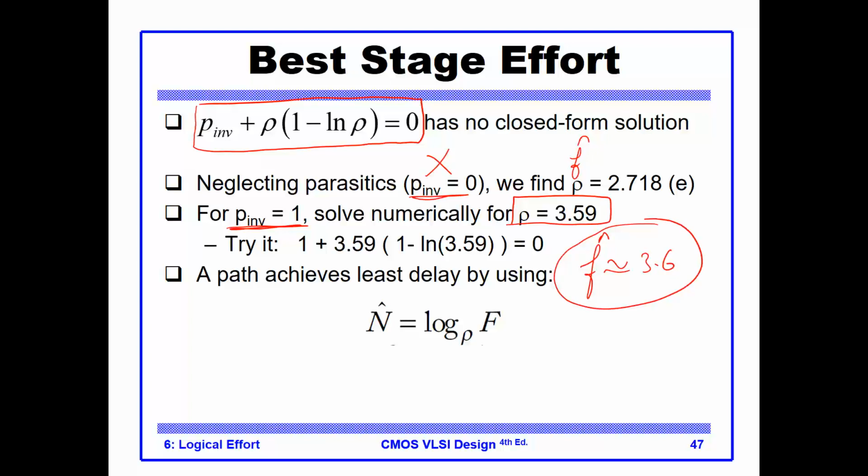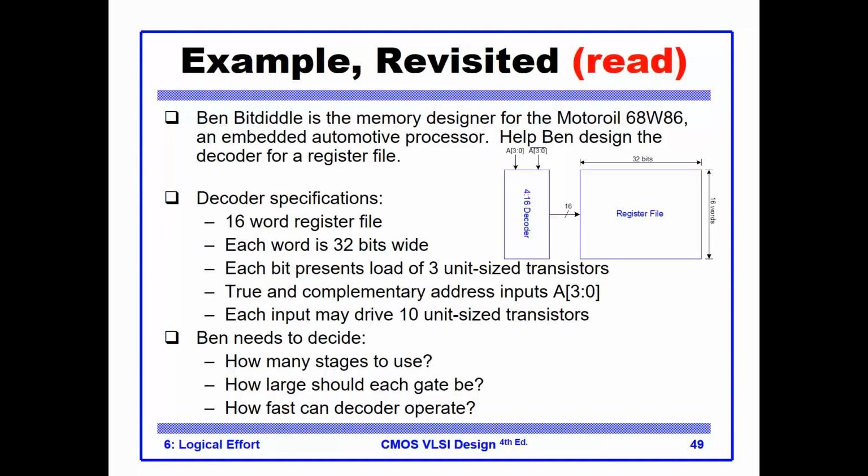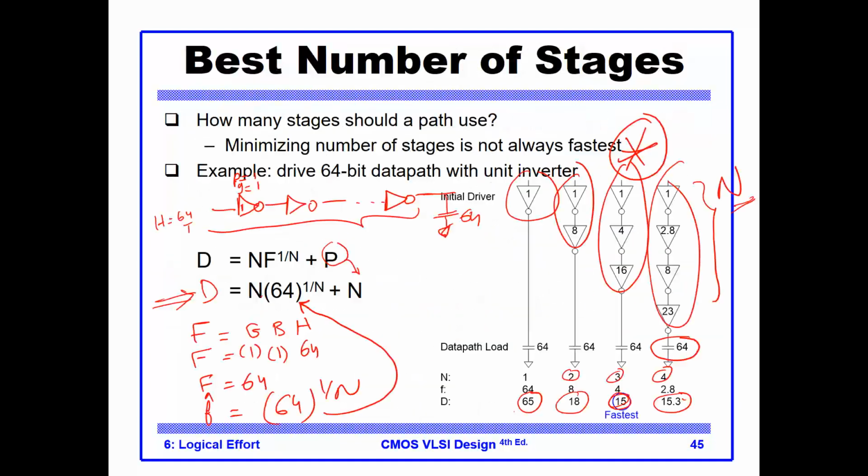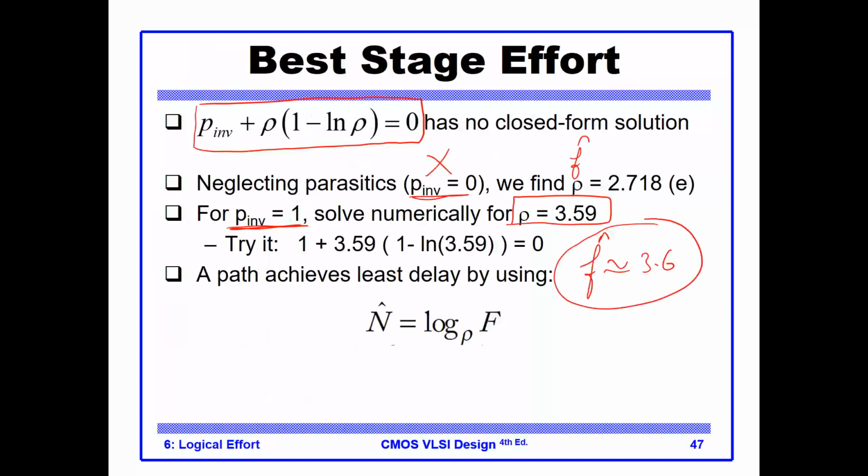And that is close to what we found in this example when we did this experimentation here. So notice we got 3, which is kind of close to 4, and that's why people kind of approximate this to be f hat equals 4.